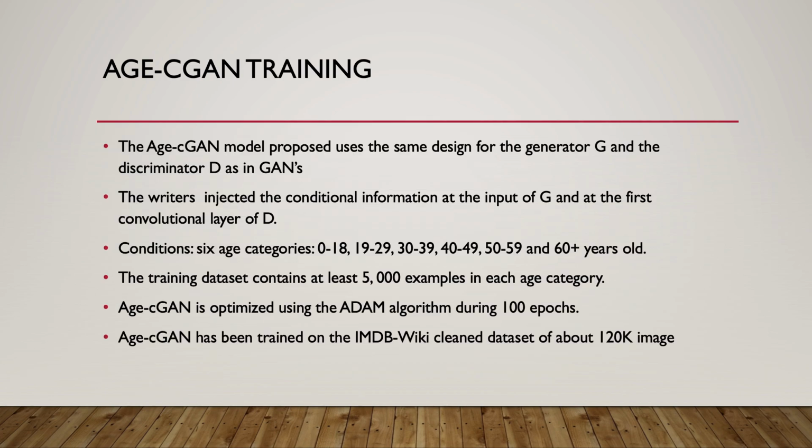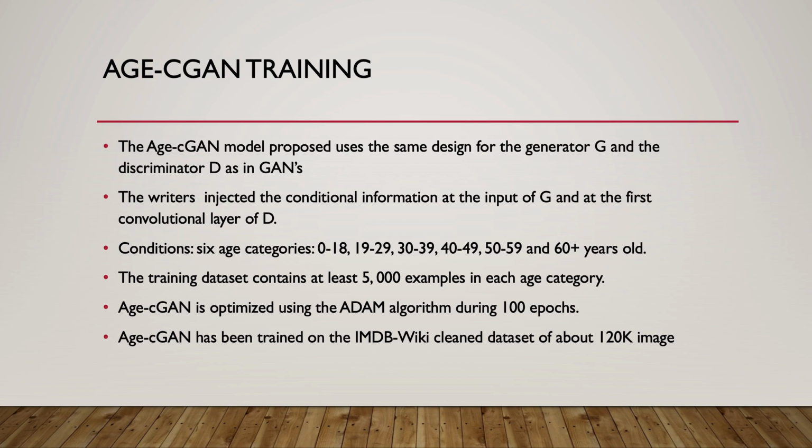Let's talk a little further about the c-GAN training. The proposed c-GAN model uses the same design for the generator G and the discriminator D as in GANs, as I described above. The only difference between c-GANs and GANs is that the input conditions are added to the input as well.